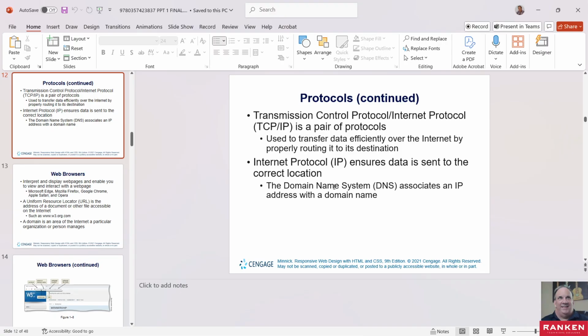And that gets associated with an IP address. All websites have an IP address, right? A bunch of numbers, right? 192.15.85. There's different IP addresses. So every website has a specific IP address.